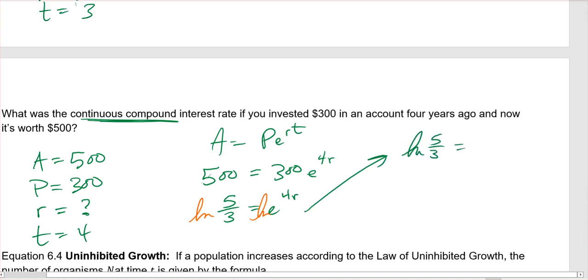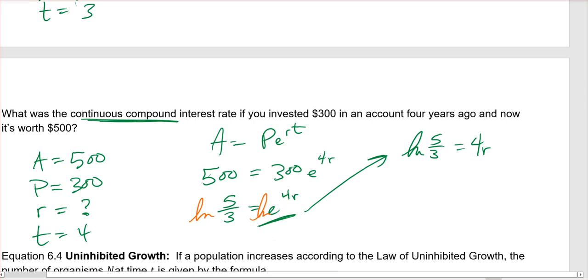Right? So now our 4r becomes a factor. Or we could think about this using the inverse properties of these functions, right? We had log base b of b to the x is equal to x, isn't it? Well, that's log base e of e to some power. Well, it's just that power.